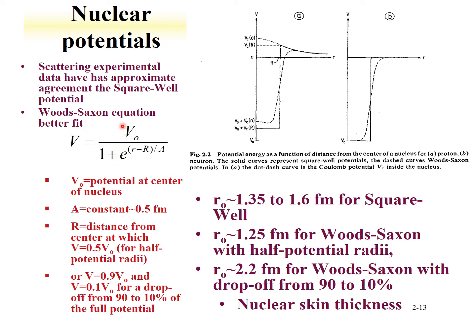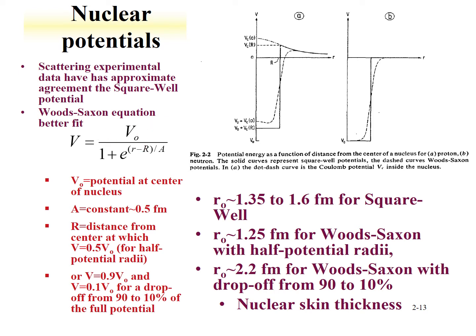And you can determine something about a potential by understanding the potential at the origin and applying this equation, where r is the distance from the center at which you get a half potential, a is a constant, and this is the potential at the center of the nucleus.